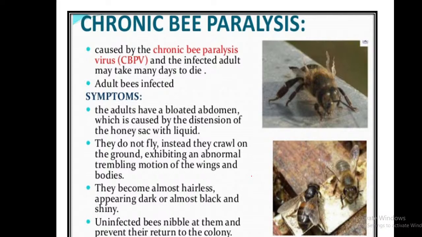Chronic bee paralysis disease is also caused by another virus, that is chronic bee paralysis virus. It infects only the adult. Adultനെ മാത്രം affect ചെയ്യുന്നു. And the symptoms are, you can see the adults have a bloated abdomen. ഇവിടെ കാണാം. The adults will be having a bloated or bulged abdomen, which is caused by the distension of the honey sac with liquid.